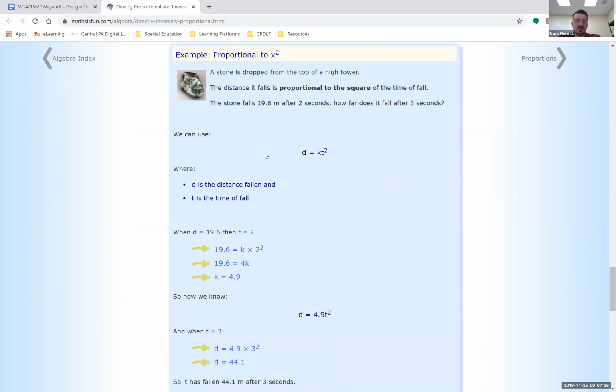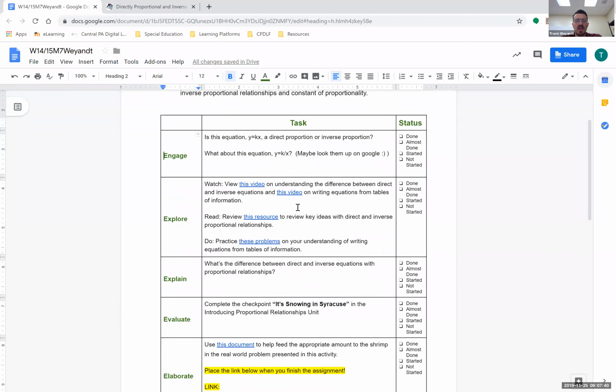The reason I'm showing you this is that there are different ways to write equations, which you might see in your checkpoints, and the equation helps you solve. The equation needs to have variables. y equals kx is the equation for a direct, and y equals k over x for an inverse.